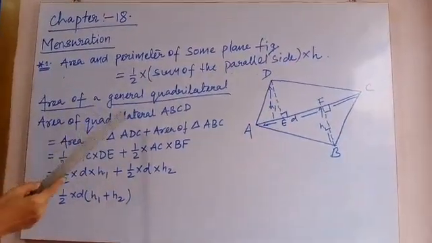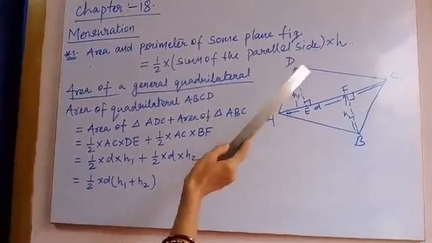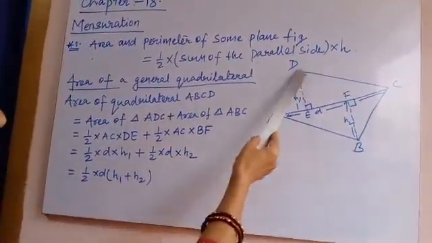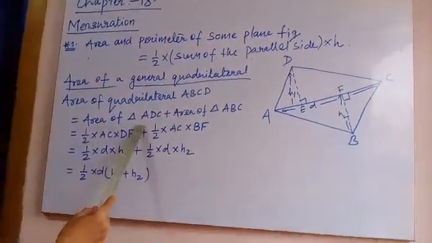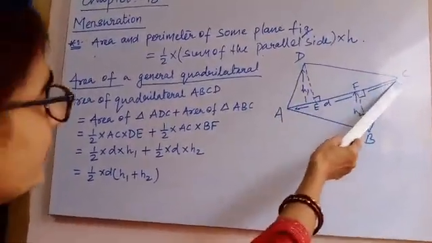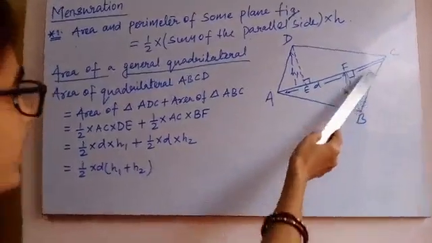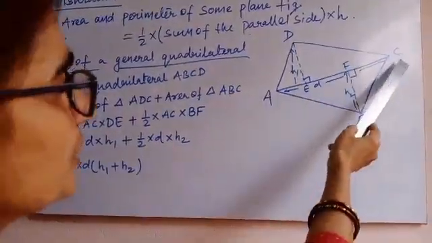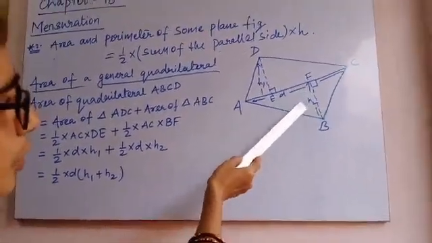Area of a general quadrilateral. Here is the figure of a general quadrilateral. Area of the quadrilateral ABCD equal to area of the triangle ADC plus area of the triangle ABC. Let AC equal to D, DE equal to H1 and BF equal to H2.